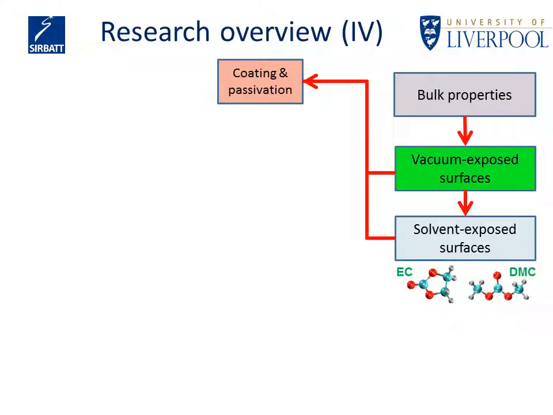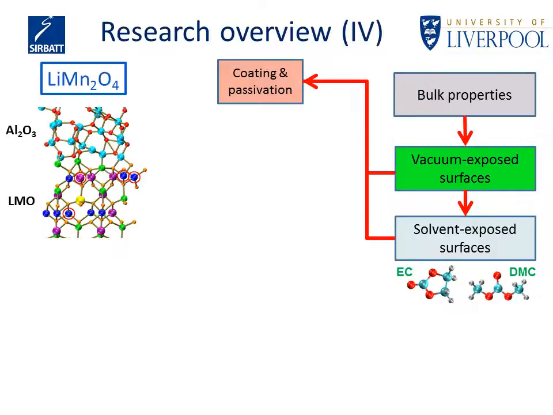Finally, in the fourth part of this work package, we consider the effect of coating and passivation. Coating is a very important experimental strategy to avoid the degradation of materials. For the particular case of lithium manganese oxide, coating has been shown to be crucial in helping to extend the lifetime of the material.